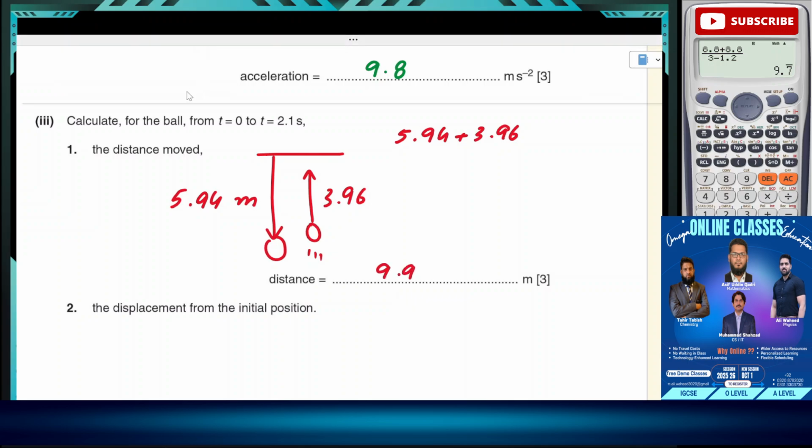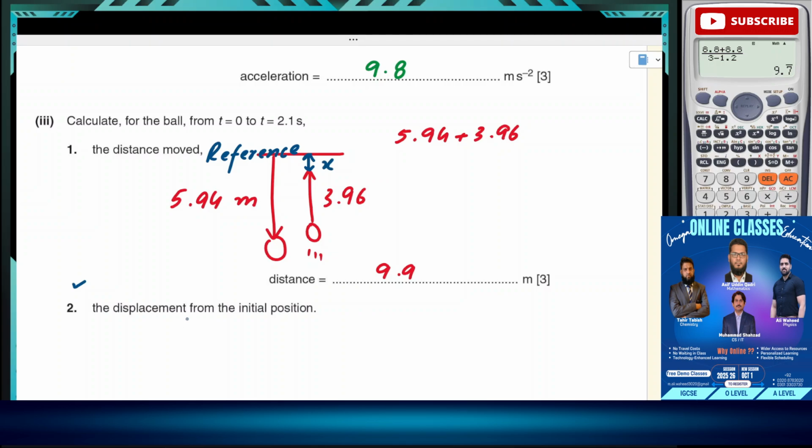However, if the question were to find the displacement from the initial position, so the displacement would be, if this one was your reference, then the displacement would be only this much, the shortest distance from the start point to the end point. So this x would be your displacement.